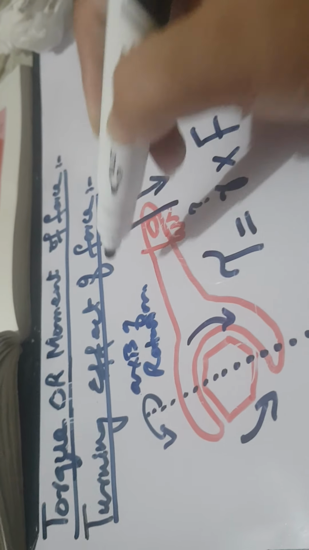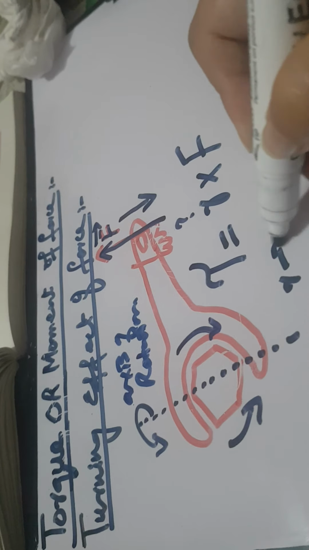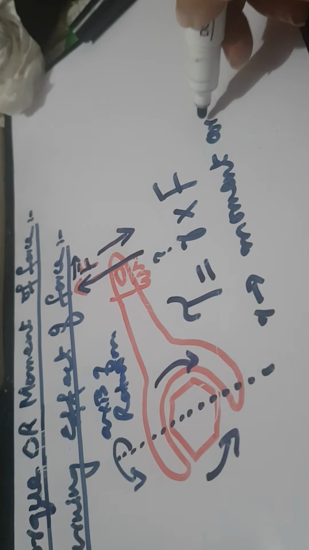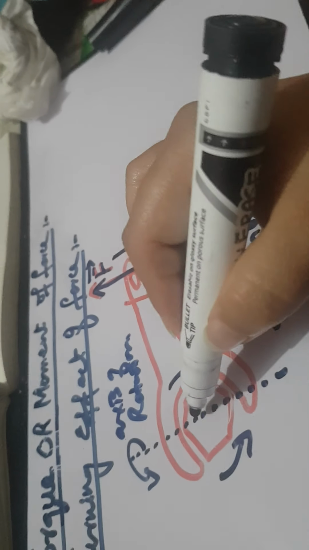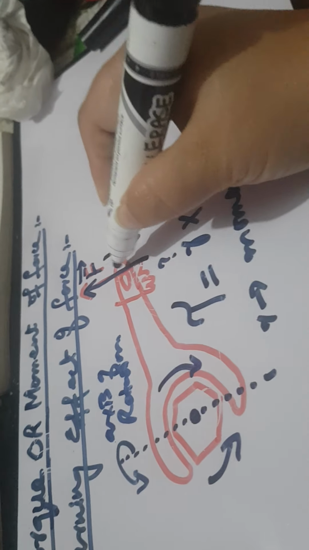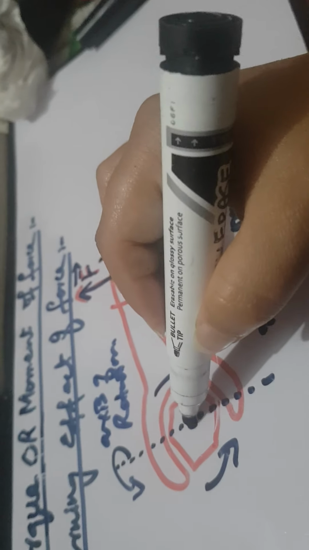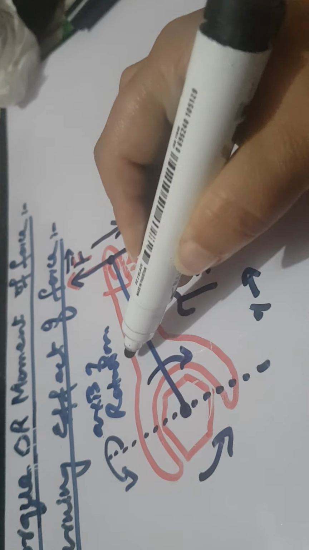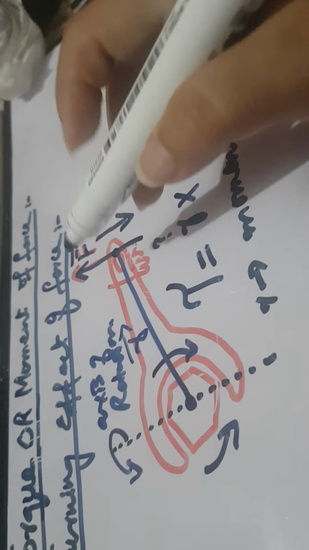So what is R? R is the moment arm. Moment arm is the distance between the point where the force is applied and the axis of rotation. This distance is known as moment arm R.